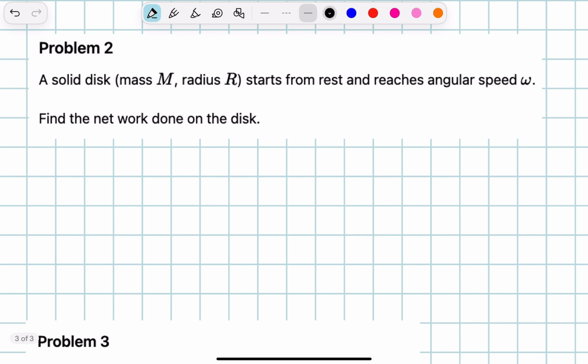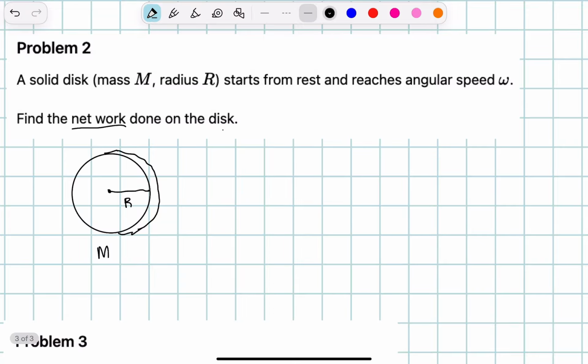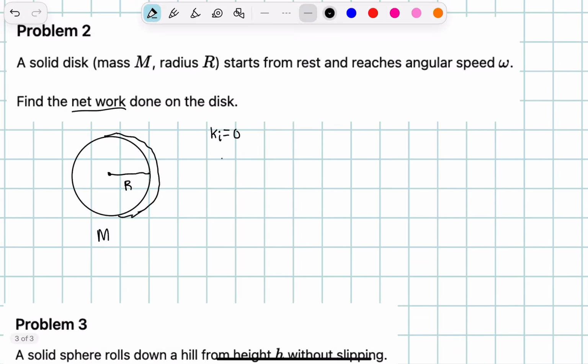Let's continue on with the second example. A solid disk, mass M, radius r, starts from rest and reaches an angular velocity omega. Find the net work done on the disk. So we have this radius and it has a mass. Initially it's going to have 0 kinetic energy, and finally it's going to have a level of rotational energy.